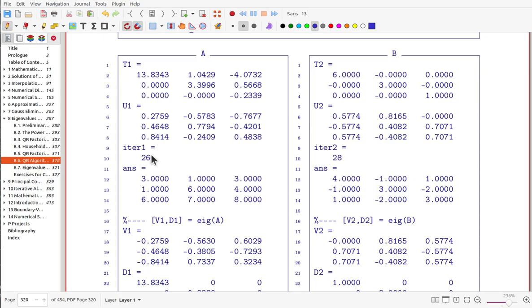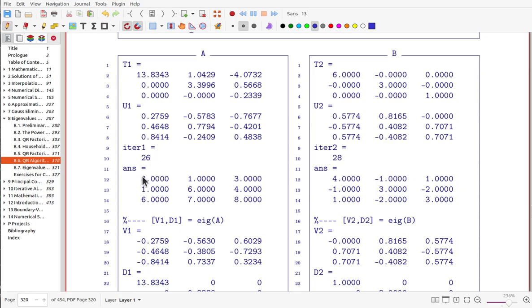So there are many acceleration techniques, but those are beyond the scope of the class. If you are in, for example, numerical linear algebra, then you will get information about the acceleration techniques.